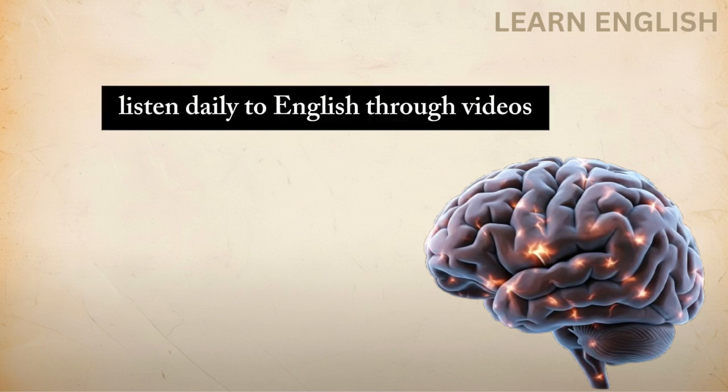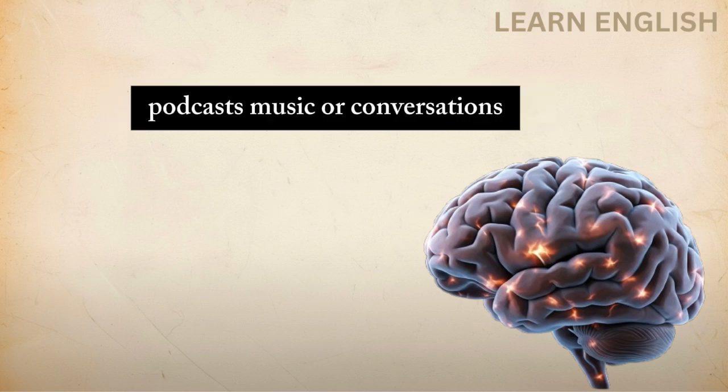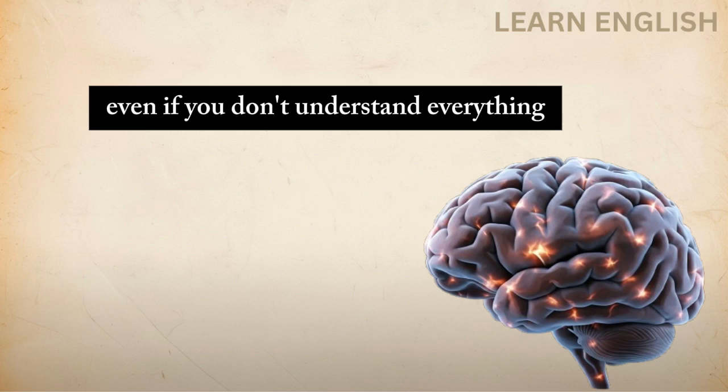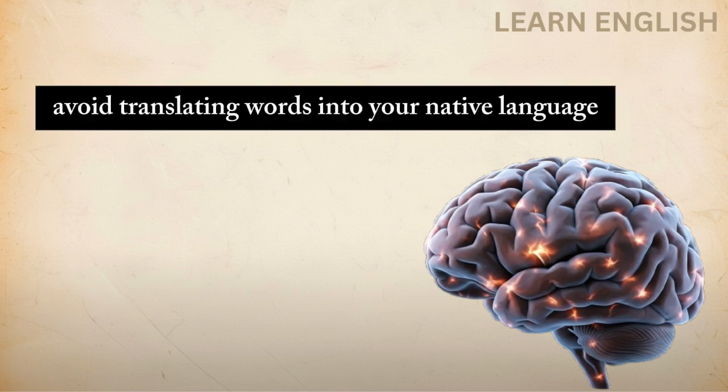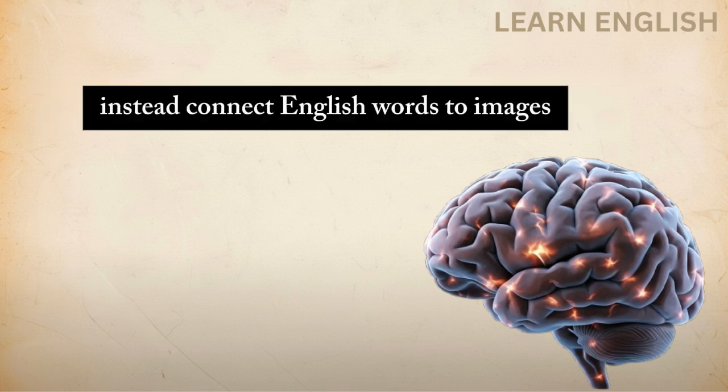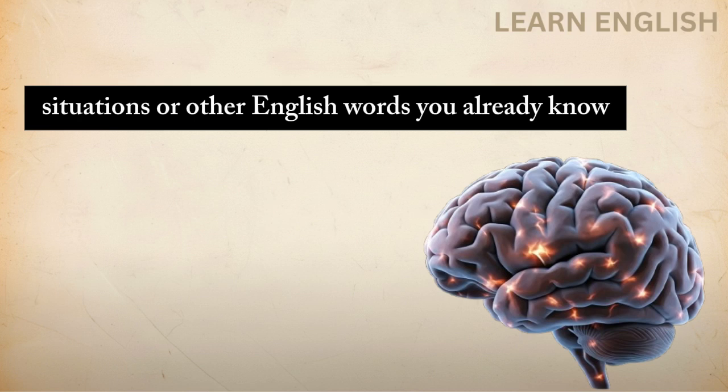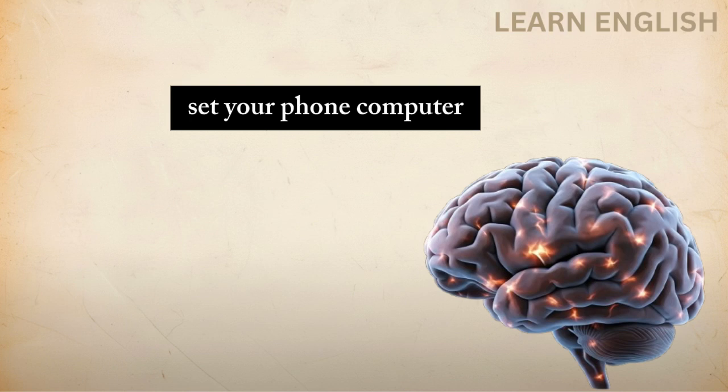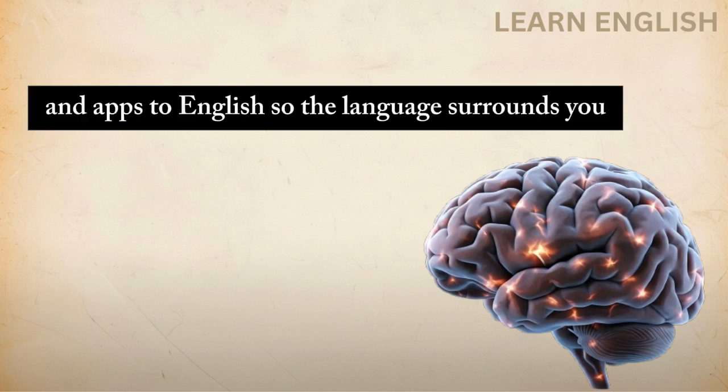Listen daily to English through videos, podcasts, music, or conversations. Even if you don't understand everything, avoid translating words into your native language. Instead, connect English words to images, situations, or other English words you already know. Set your phone, computer, and apps to English so the language surrounds you.